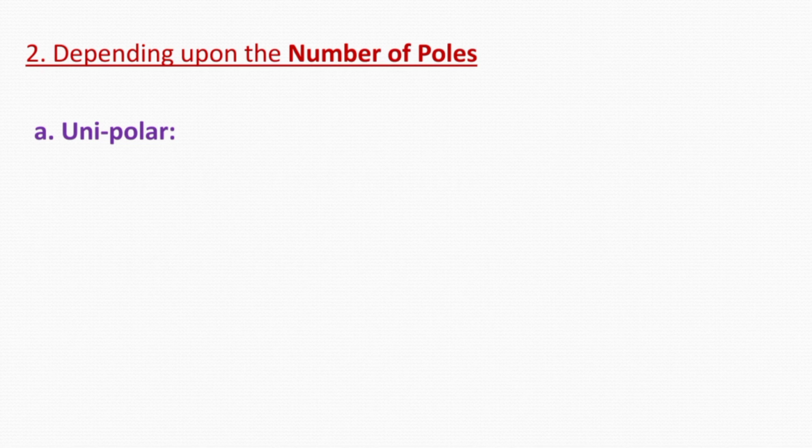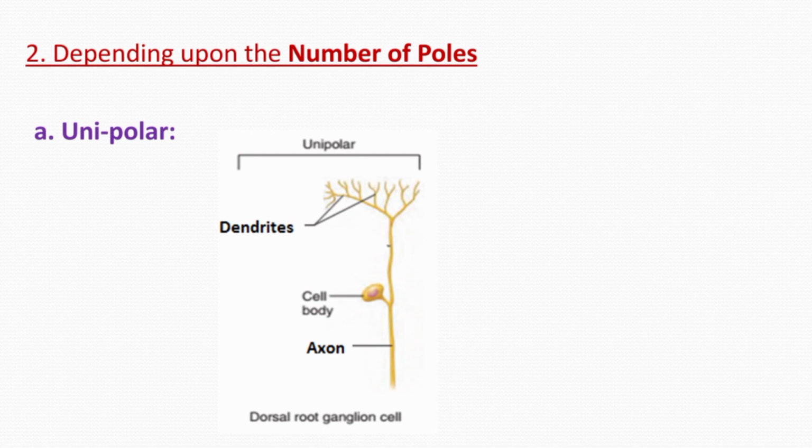Now we can also classify the neurons depending upon the number of poles, and here we can divide the neurons into three major types, that is unipolar neurons, bipolar neurons and multipolar neurons. Now unipolar neurons, as the name indicates, they have only one pole. Here you are seeing a unipolar neuron.